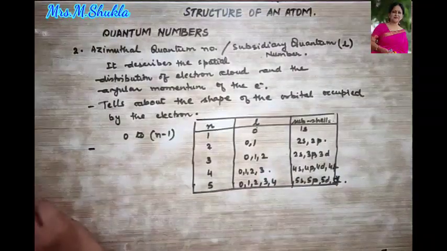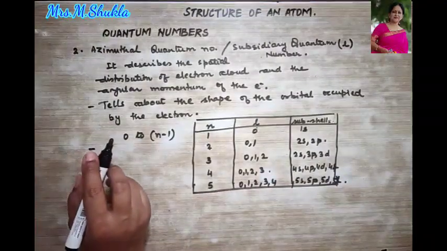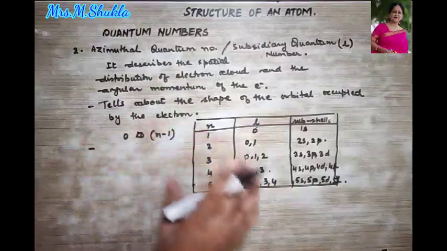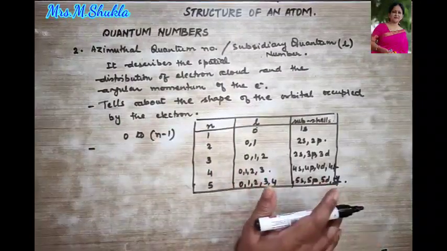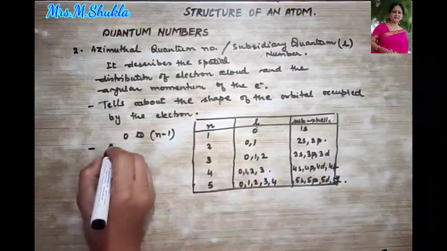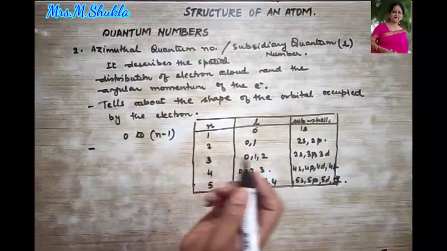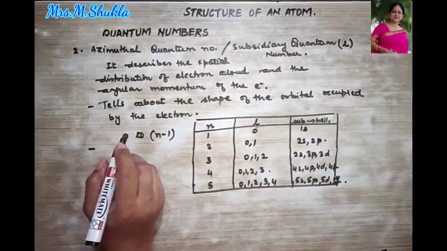Okay, the next important point about the azimuthal quantum number is that the energy of the various subshells in the same shell increases in the order of s, p, d and then lastly f.